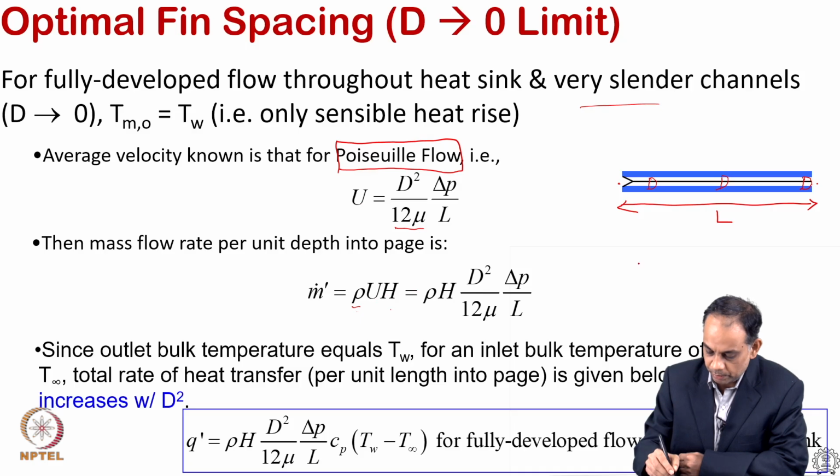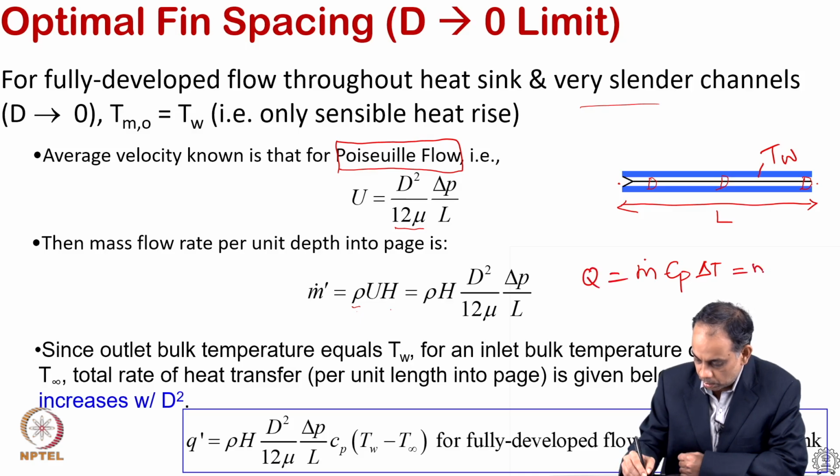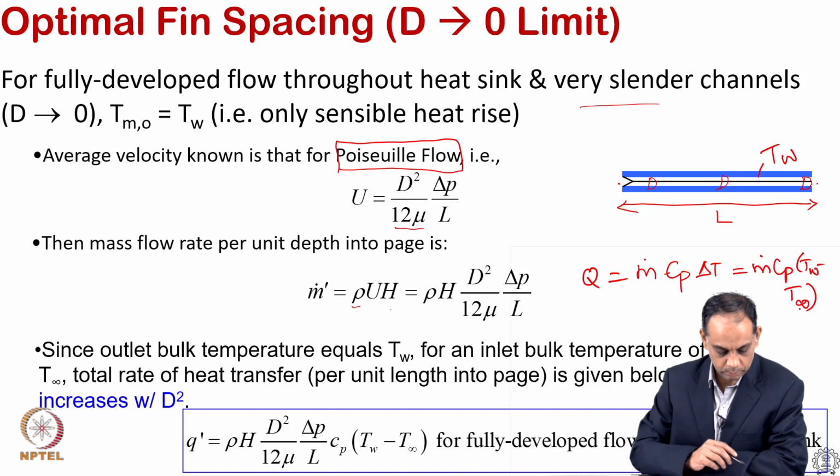Once we have mass flow rate, very similar to the natural convection case, we take m dot Cp times delta T, and if the plates are maintained at a certain wall temperature that is assumed to be constant, then the maximum temperature the outlet can reach is only the wall temperature. This is the Q for one channel, m dot times Cp times T wall minus T inlet or T infinity, which is the inlet temperature.